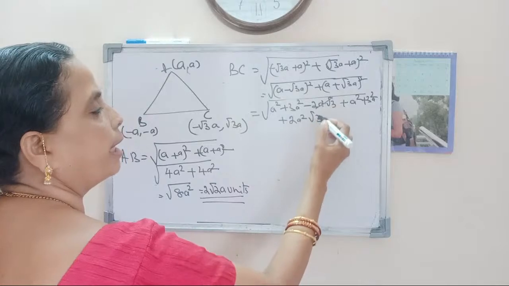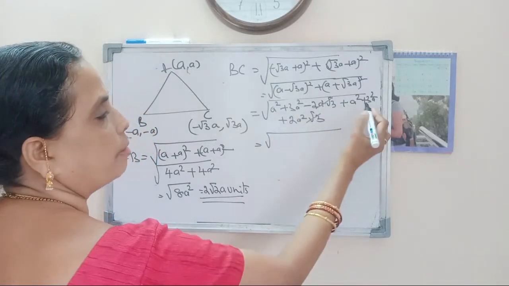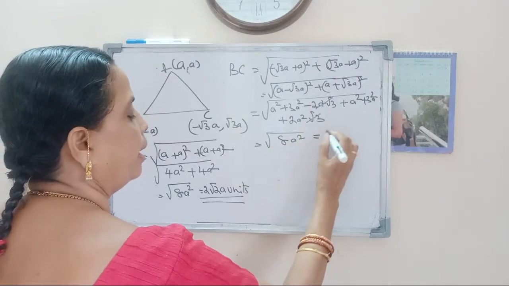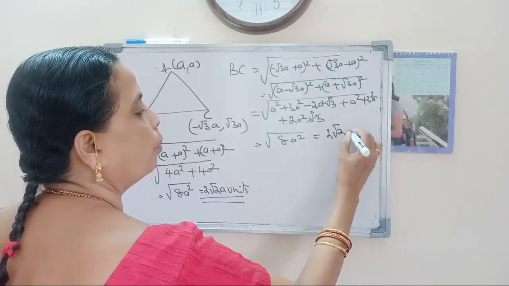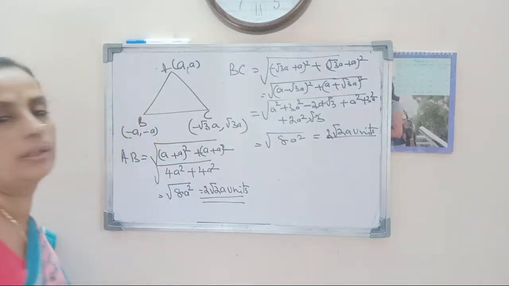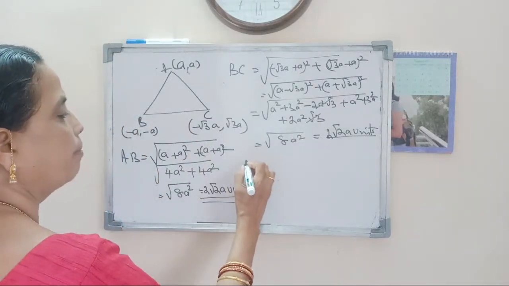So this will get cancelled. What we get? Root of 4A square plus 4A square, 8A square. Further we can write it as 2 root 2A units. That is BC. Next, CA.